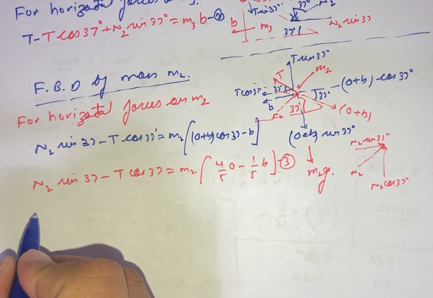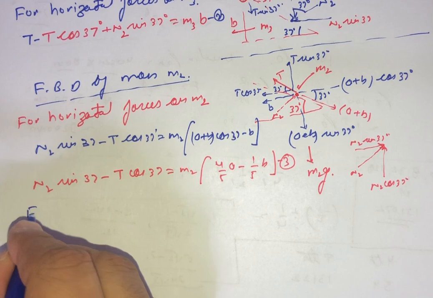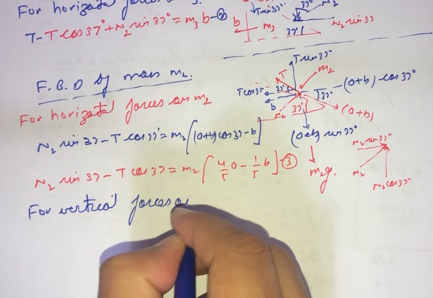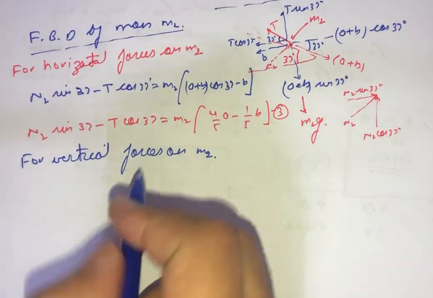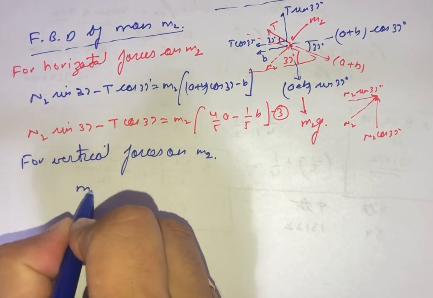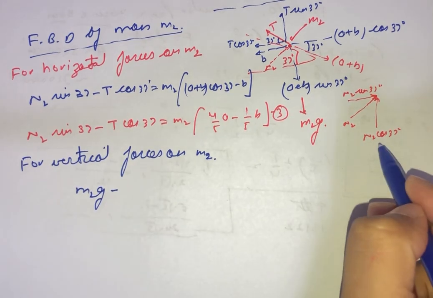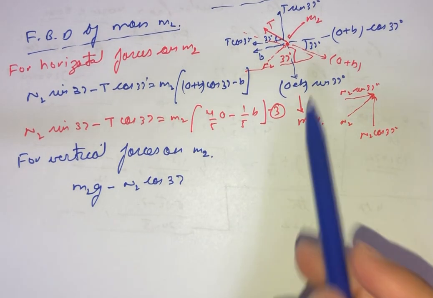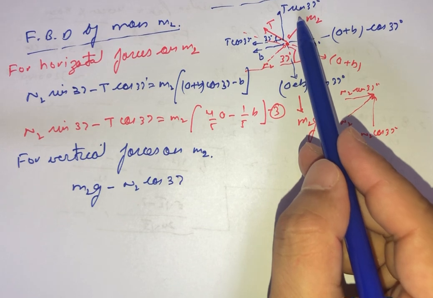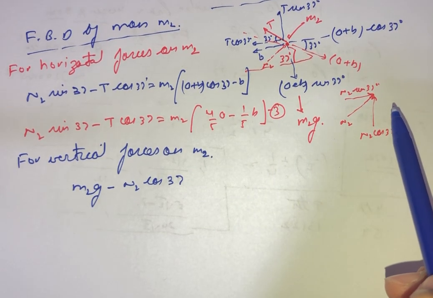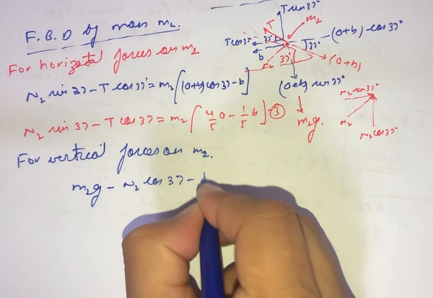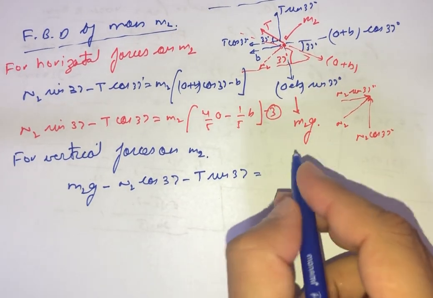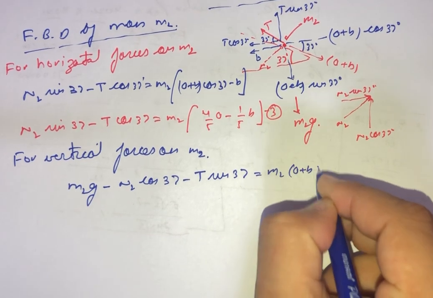And now the vertical forces on M2. Okay, we get downward direction M2G minus N2 cos of 37, and we have plus T sine of 37, and the acceleration will be equal to M2 a plus b sine of 37.